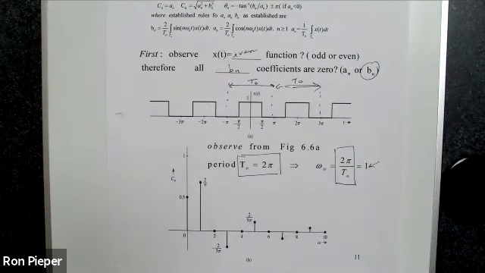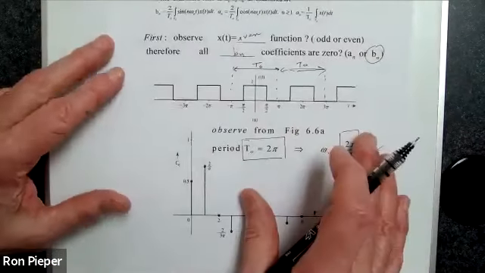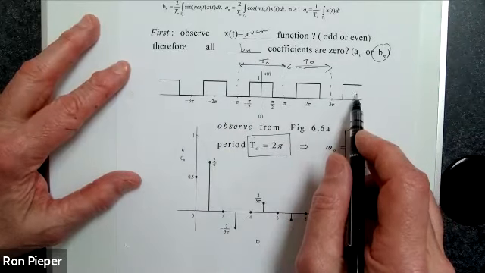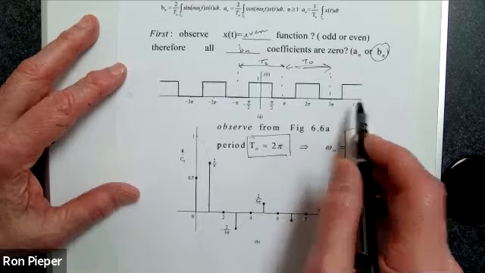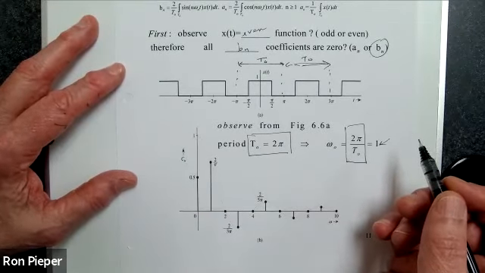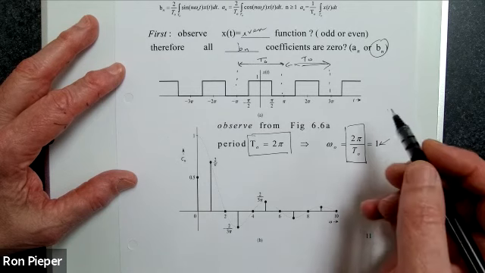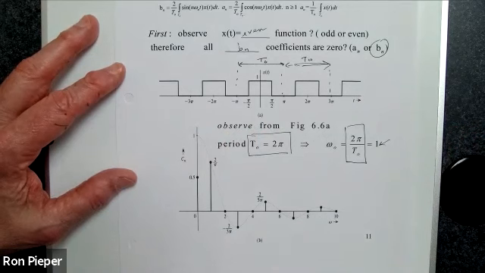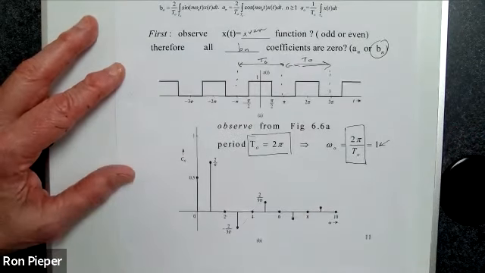So I would claim if all I did was show you that function, x of t, what would your guess be for the average, calculations notwithstanding? What value would you get if you did the average of that function?